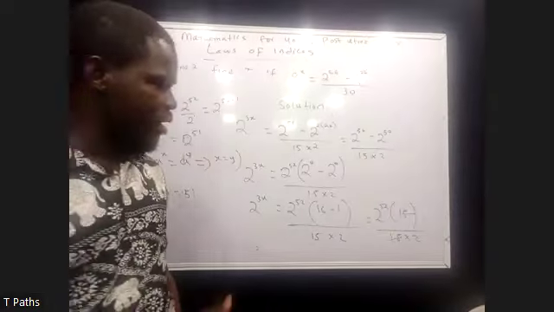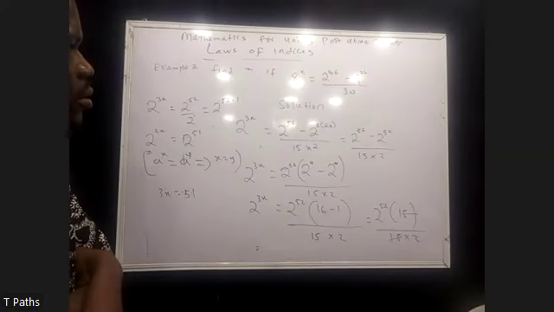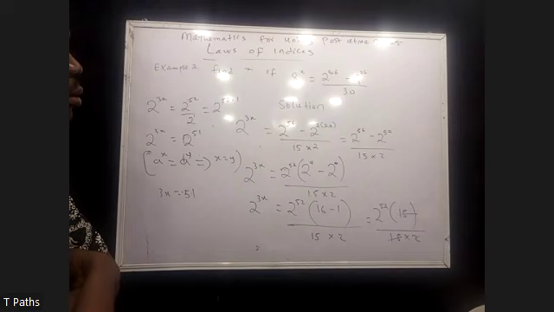If you don't understand any step, speak up, please. Sorry, sir, I don't understand the question. You wrote 8x equals 2 raised to power 52 minus, I can't see the remaining question.